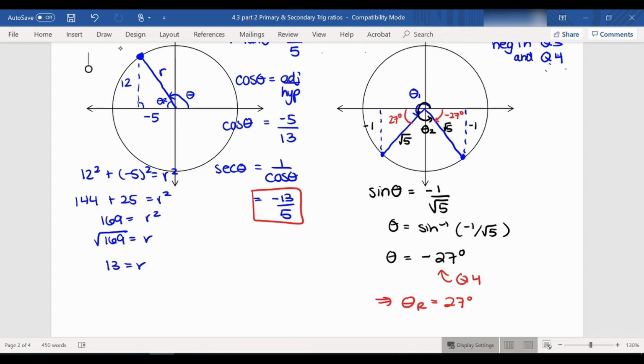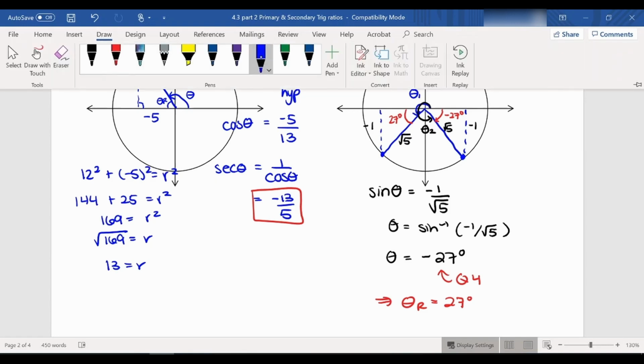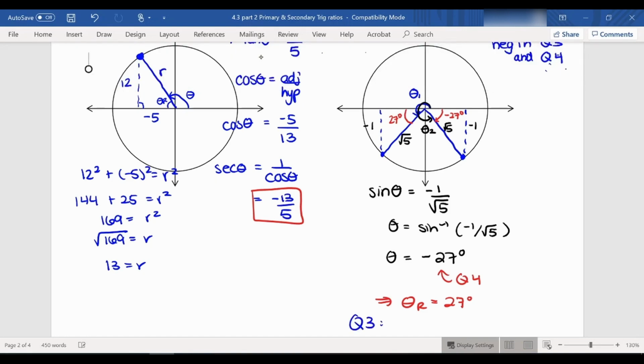And that means that we can figure out where that quadrant 3 terminal arm lands. So our Q3 angle is going to be 180 plus 27 degrees, which gives us 207 degrees.